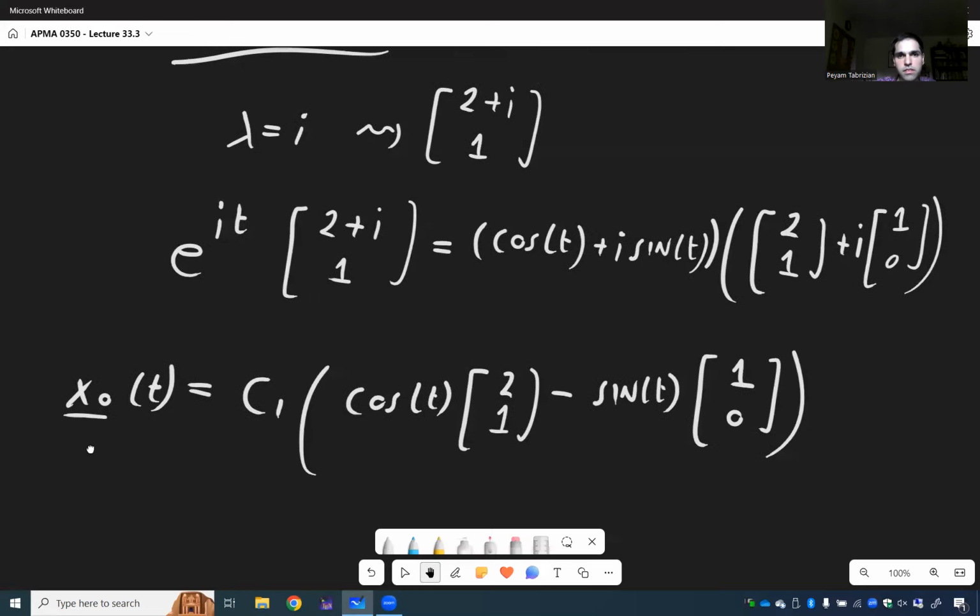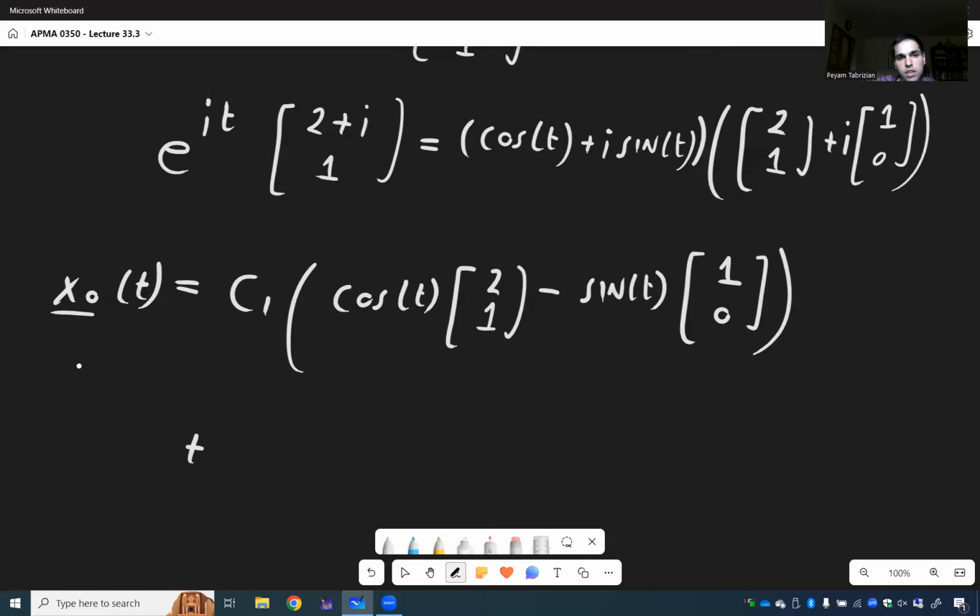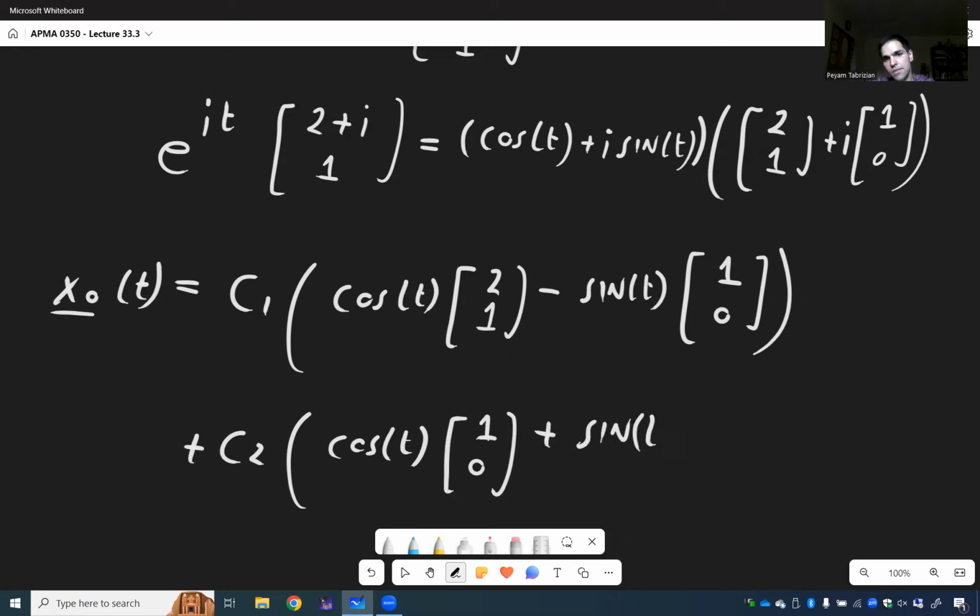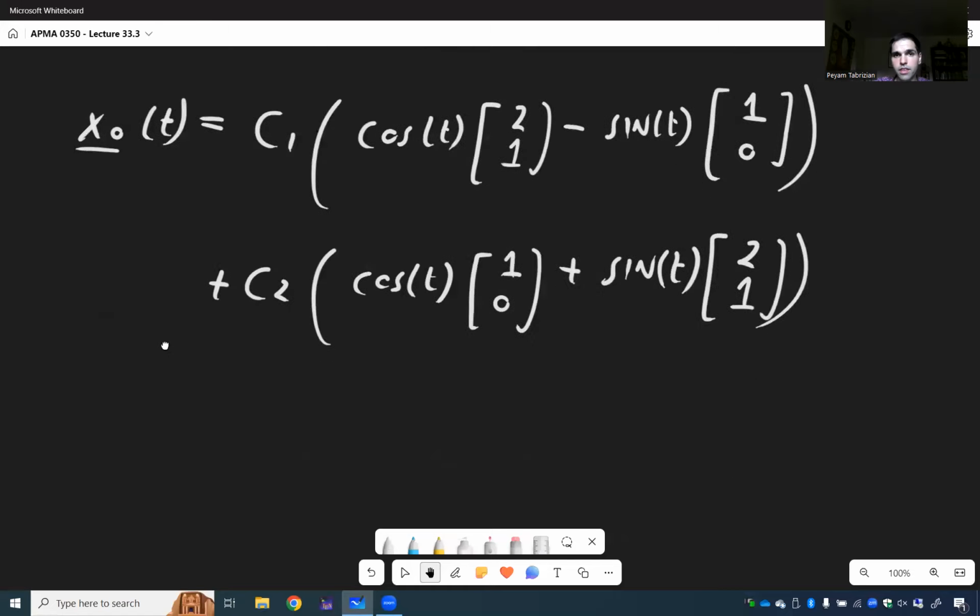And then plus the cross terms, c2 cosine of t times [1, 0] plus sine of t times [2, 1]. So once again, what I did, I FOILed it out, I split it into real and imaginary parts, and I just took linear combinations with those constants.